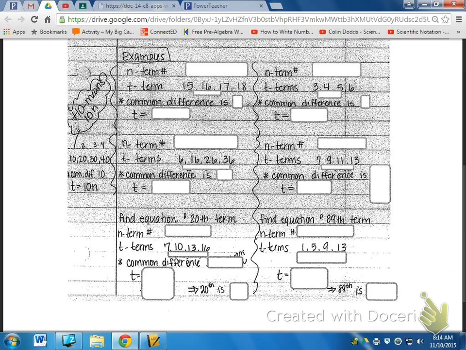So the first example has the list 15, 16, 17, and 18. And we need to write an equation to be able to find the next term without obviously just using what we're adding on each time. So here's what you're going to do.